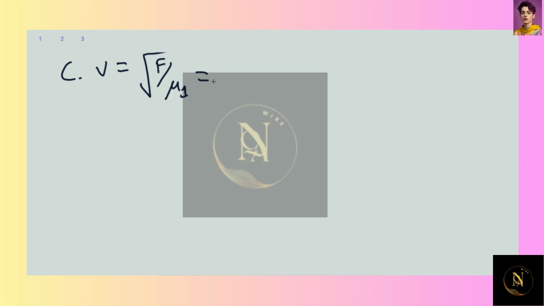We have the linear density of the first string already, which is good because we can simply substitute it in here. 768.8 divided by the linear density of 0.02285.